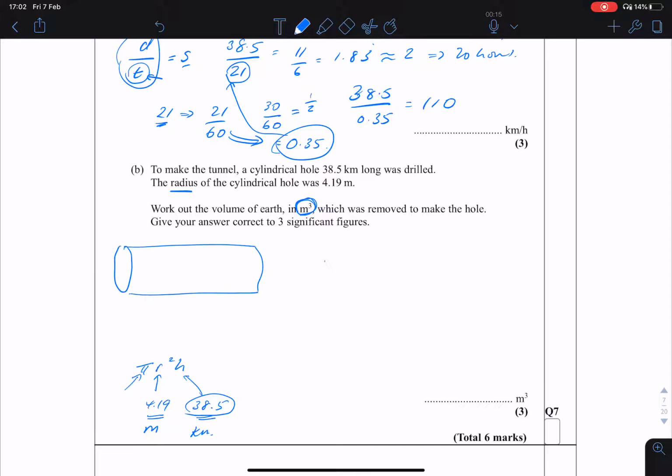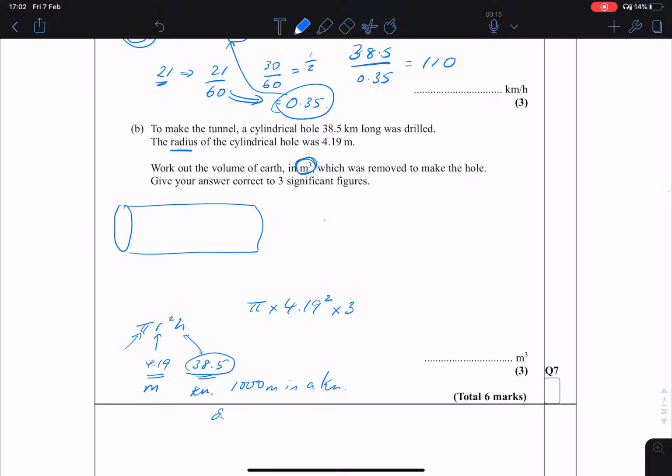So pi, my favorite, times 4.19 squared times. Now, if it's 38.5 kilometers, there are 1,000 meters in a kilometer.